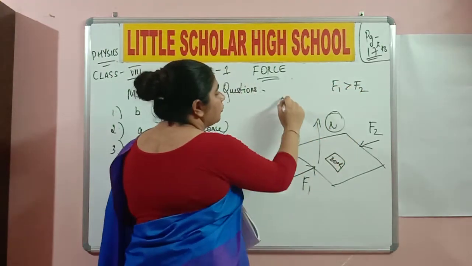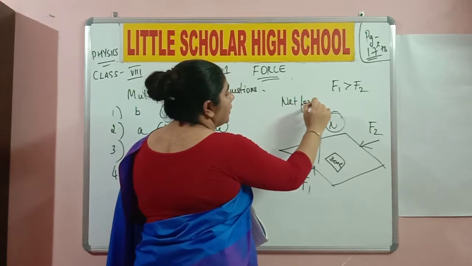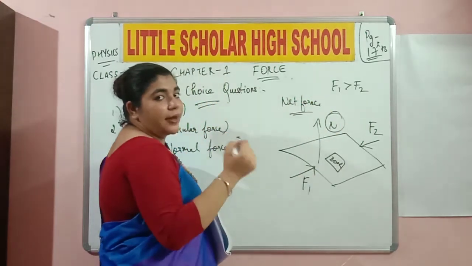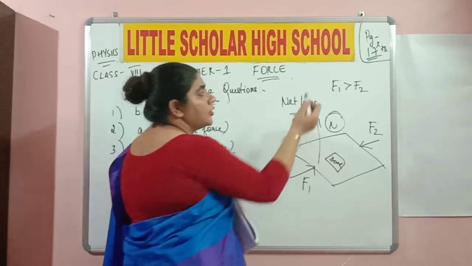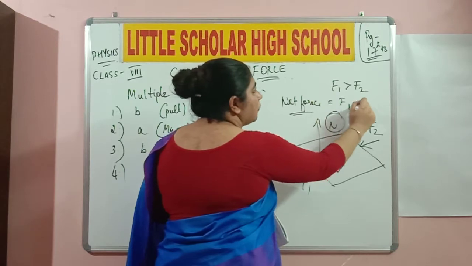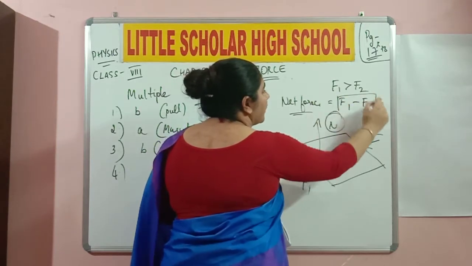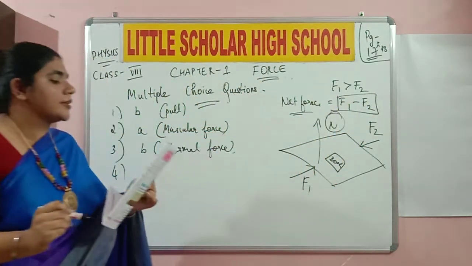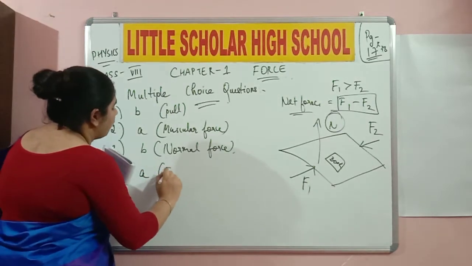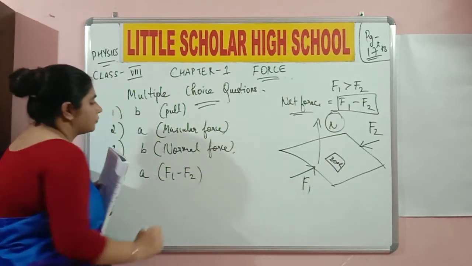So if I want to find out the net force, I need to subtract both the forces. The bigger number minus the smaller number, yes or no? Similarly, the bigger force minus the smaller force. So the net force is going to be F1 minus F2. Which option, class? It is the first option, A, F1 minus F2.